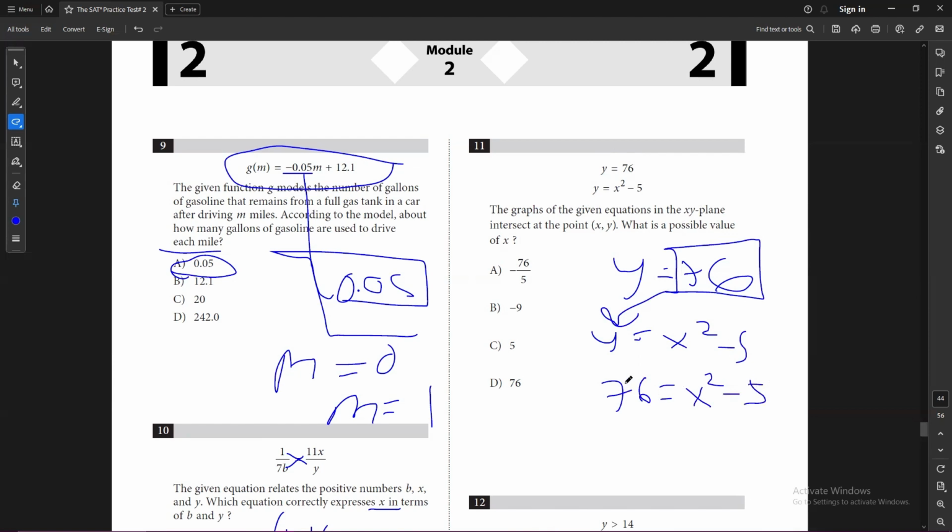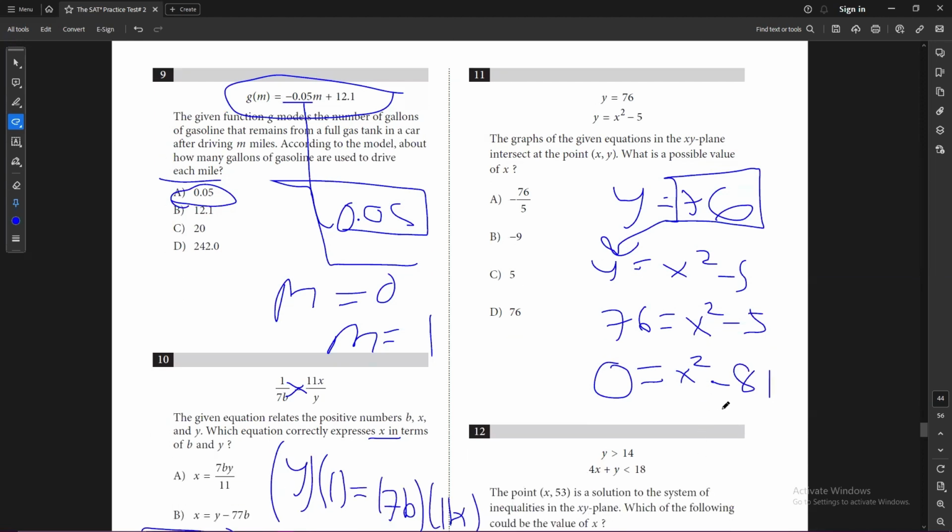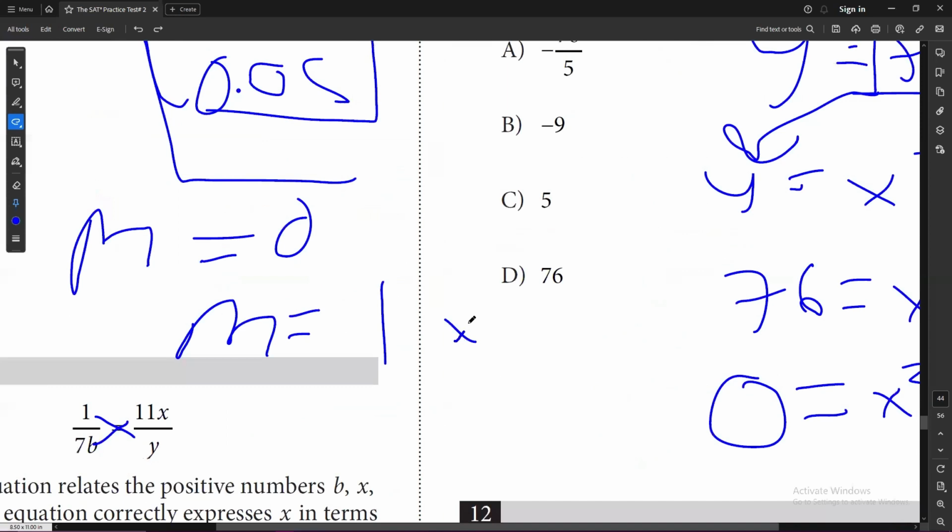All right. So let's just subtract 76 from both sides. 0 equals x squared minus, is it 81? Yeah, 81. All right. Now, before continuing on the question, I want to show that if we have something like x squared minus a squared, a minus sign between two squares, what we can do is x minus a times x plus a will also be equal to this.